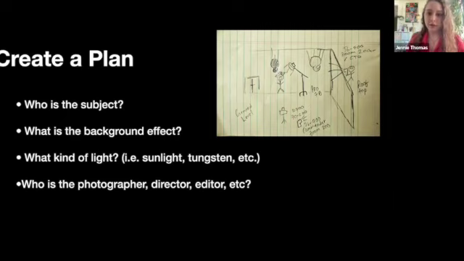It'd be the same thing if you're in a dark environment, you want to try to match that light. I included just a cute little picture here of what photographers usually use when they're trying to sketch out their plans. This is a general lighting plan that you can use to plan out your background.